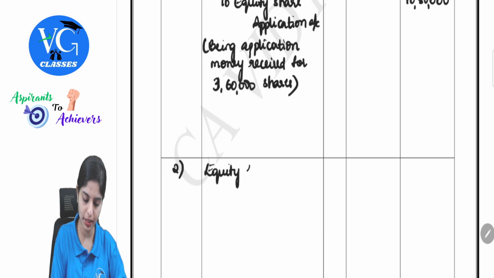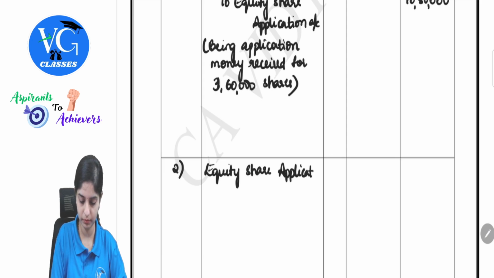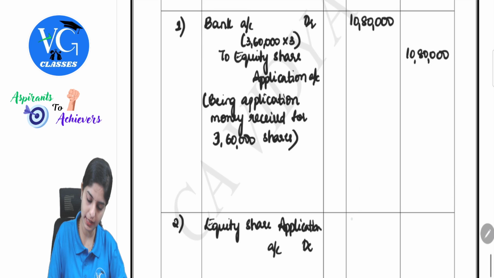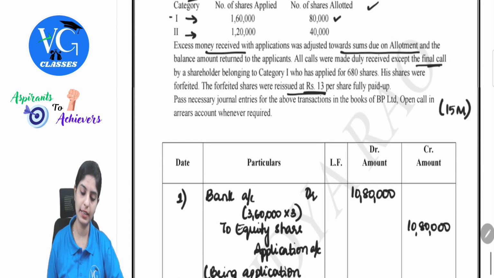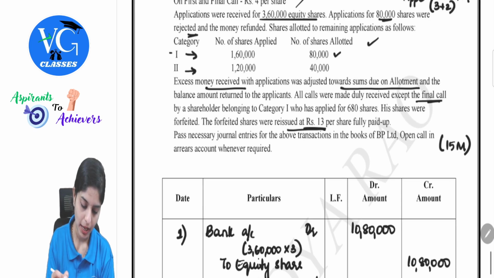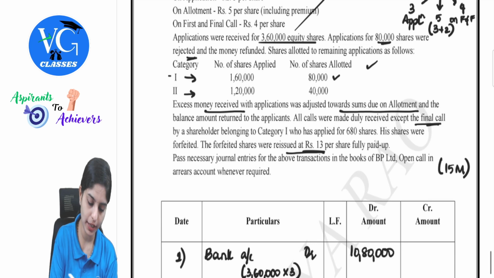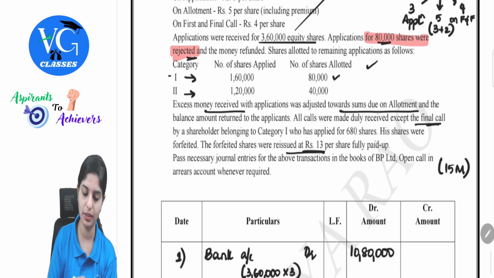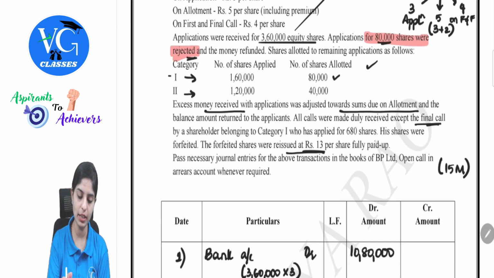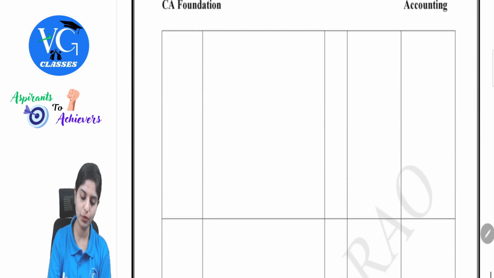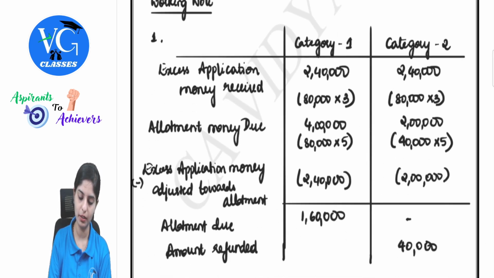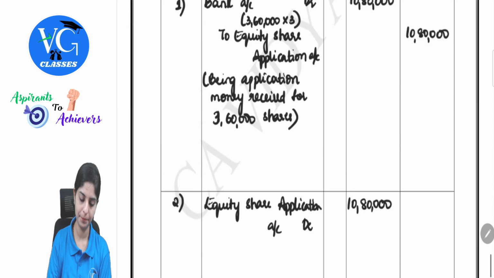Equity share application account debit. How much does it get debited with? 10,80,000. Remember, there is a refund. First category, applications for 80,000 shares were rejected. So one is with 80,000. From our working note, we also found out 40,000 will be returned. 40,000 will be refunded. So this to be considered.